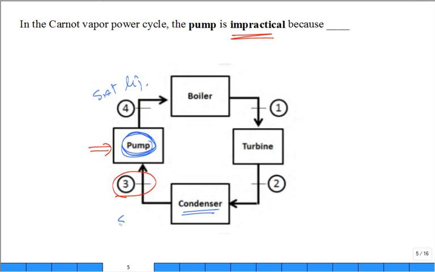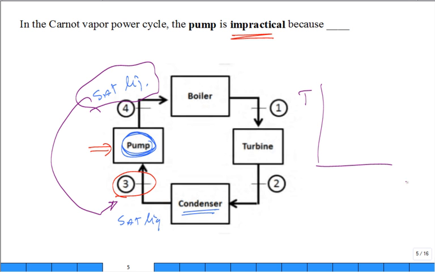It's going to be saturated liquid. So this no longer is saturated liquid; state 3 is saturated liquid. So on our temperature entropy diagram, we're starting right here at state 2 and condensing all the way over to state 3. That makes sense? All right.